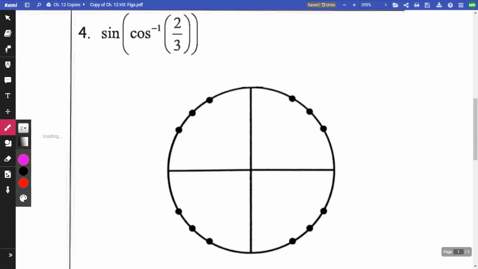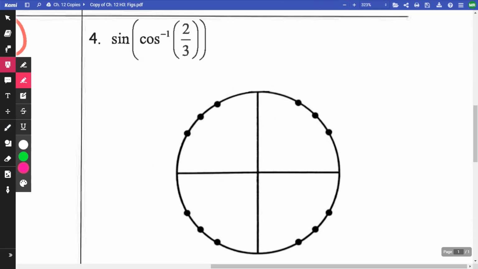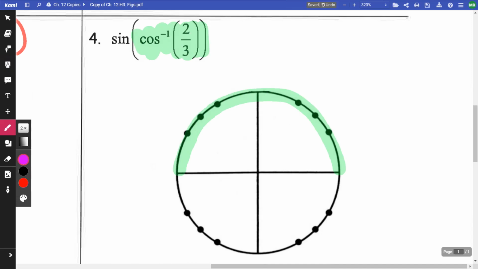On number 4, again, we're going to start from the inside. So cosine inverse of 2/3. First, cosine is going from here to here. Cosine inverse is from here to here. So I'm really going to be looking from 0 to 2 pi, I'm sorry, from 0 to pi.